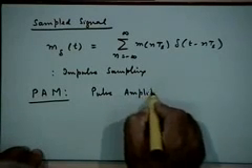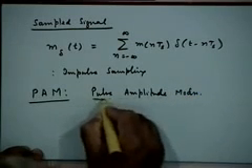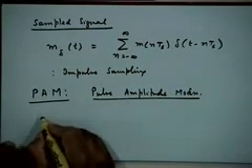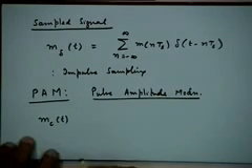Pulse amplitude modulation being the simplest. Pulse amplitude modulation is essentially sampling, right.